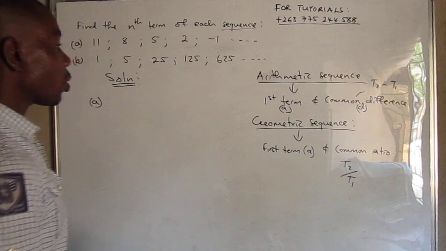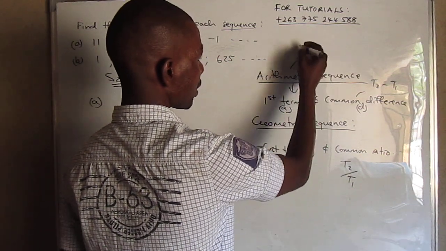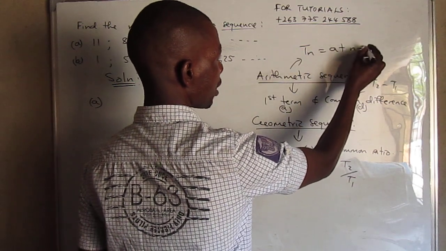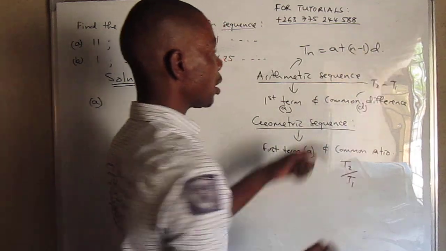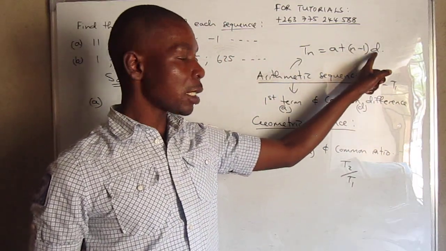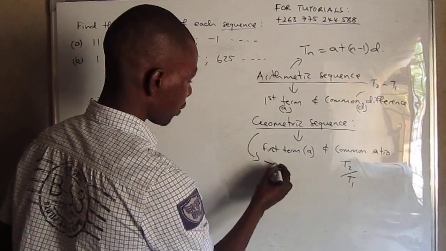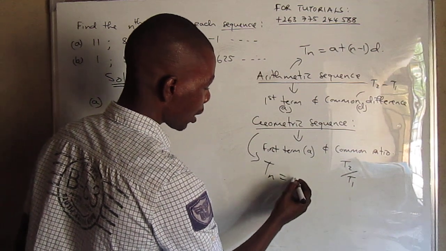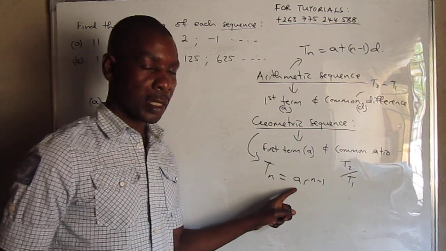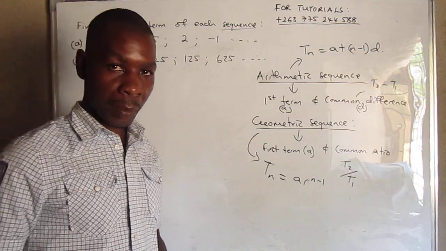So the formula for arithmetic sequence is Tn or Un is equal to A plus n minus 1 times D, where A is the first term, n is the number of terms, D is the common difference. Whereas for geometric sequence, we have Tn is equal to A r to the power n minus 1, where A is the first term, r is the common ratio, and n is the number of terms.